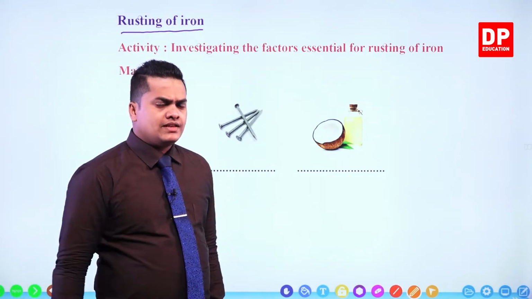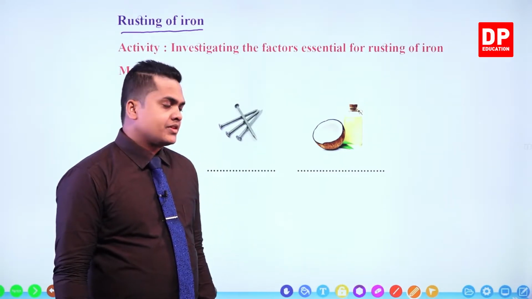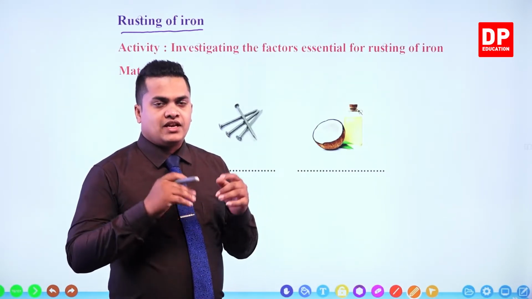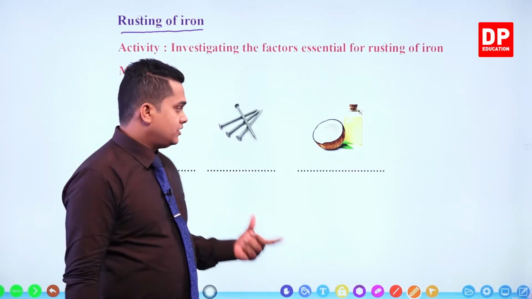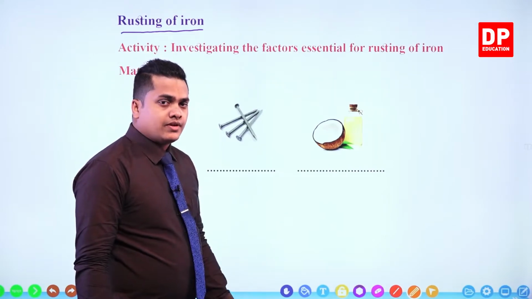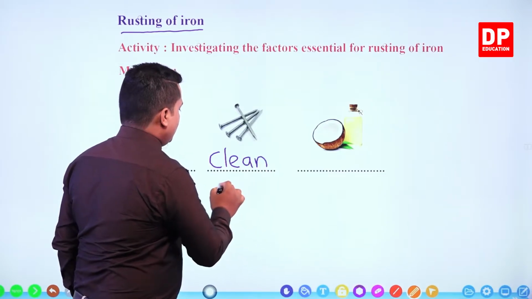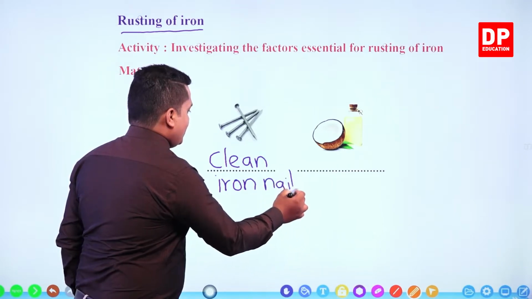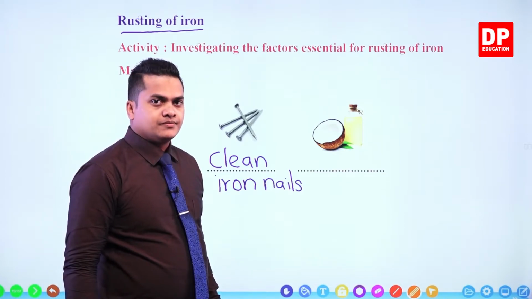Now let's see what materials we need when investigating the factors necessary for the rusting of iron. In order to check the rusting process, definitely you will need some iron. To provide it, you are given iron nails. We'll need clean iron nails, meaning these nails should be free from rust.